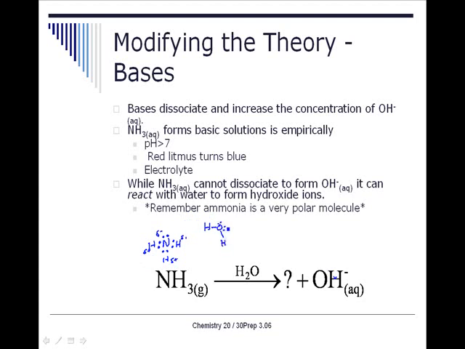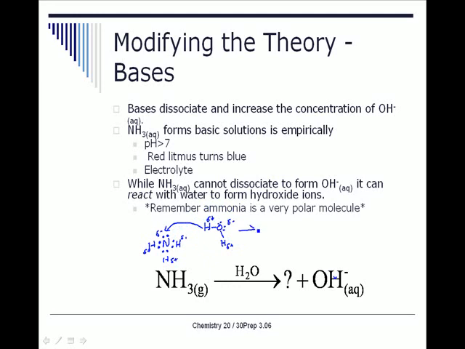If we remember, this oxygen has 2 lone pairs on it, and the oxygen end is very, very negative, and the hydrogen ends are positive. So as this water molecule comes close to our ammonia molecule, it turns out that this hydrogen could actually be pulled off and attached to our ammonia.